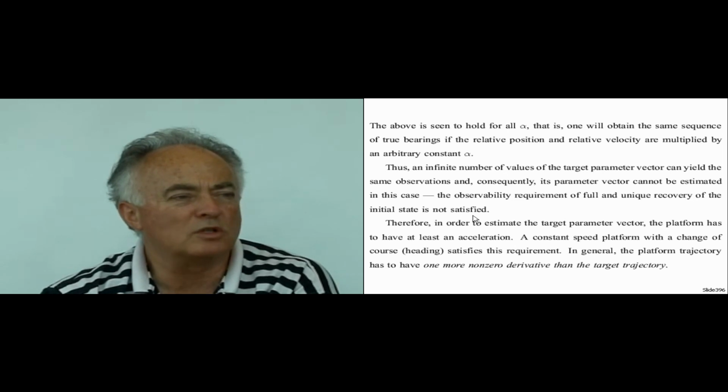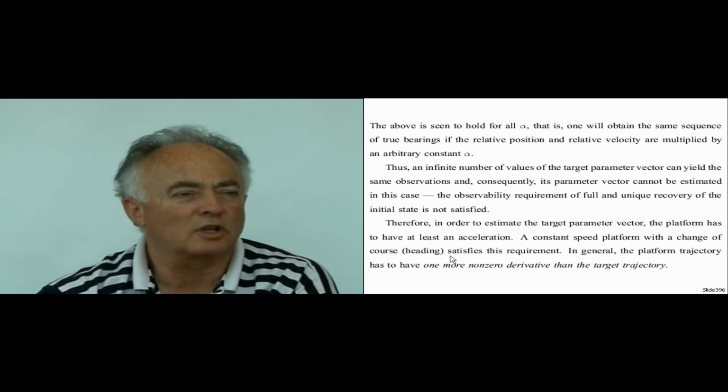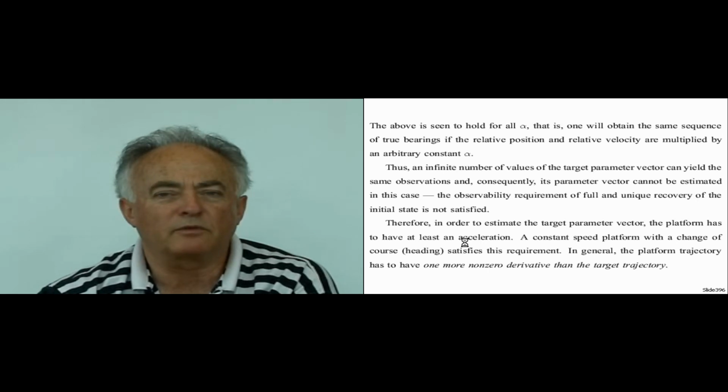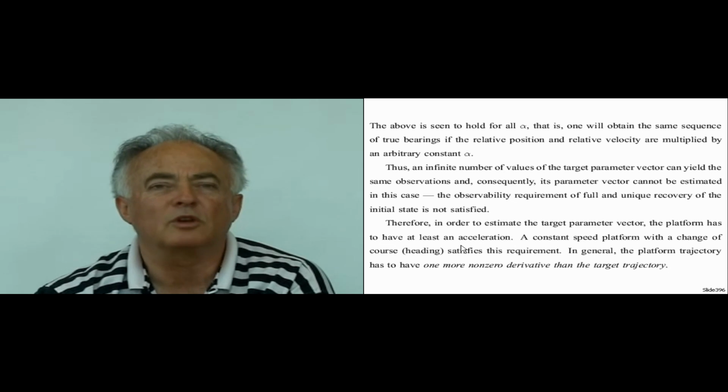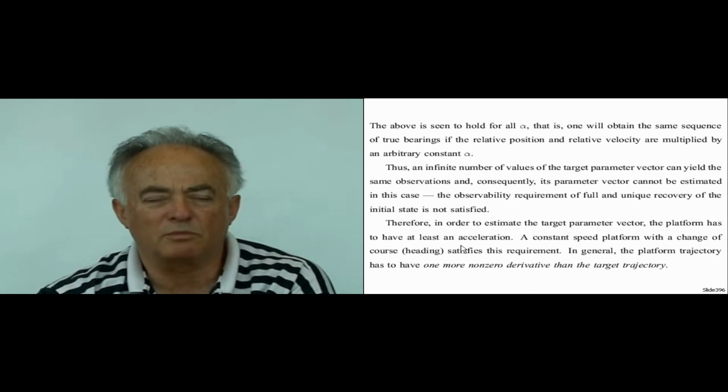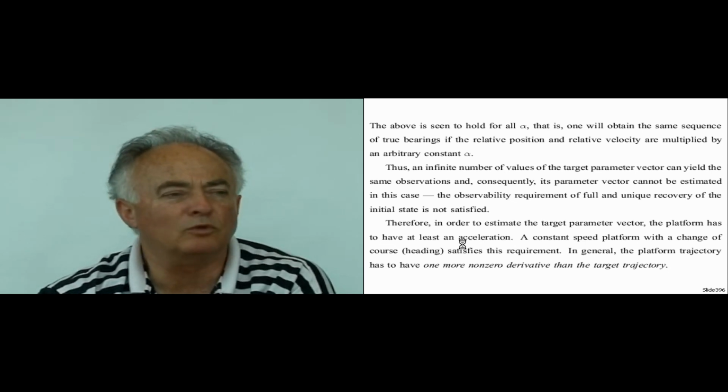Therefore, in order to estimate the target parameter vector, the platform has to do something. It turns out that if the platform has an acceleration, it will be able to estimate a constant velocity object's parameters in full. So a constant speed platform with a change of course does satisfy this requirement.